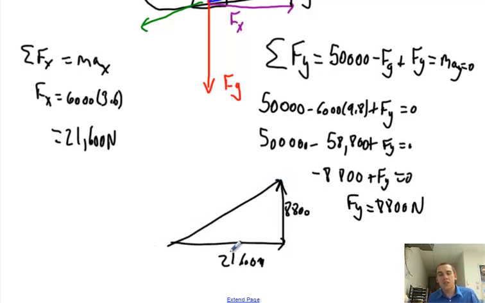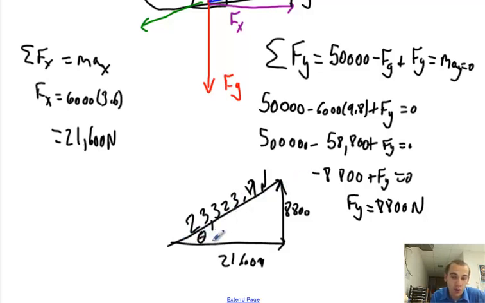This isn't the net force, this is the force the air exerts to keep the plane moving forward. So 8,800 squared plus 21,600 squared, raised to the 1/2 power, is 23,323.81 newtons. That's how much force the air is pushing with, forward on the plane.